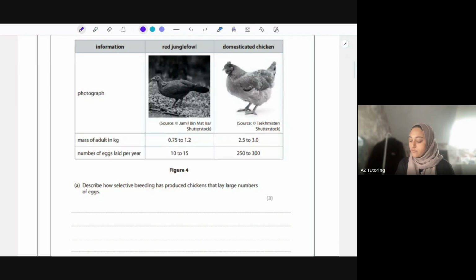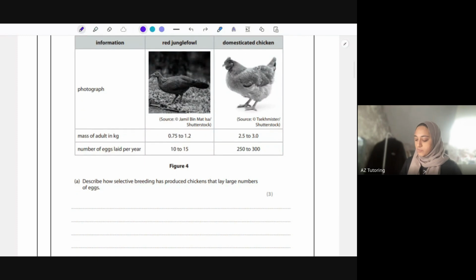So describe how selective breeding has produced chickens that lay large numbers of eggs. So we're essentially just describing the selective breeding process, which is always the same. You just need to apply it to the context of the question. So I need 3 points because it's a 3 marker.